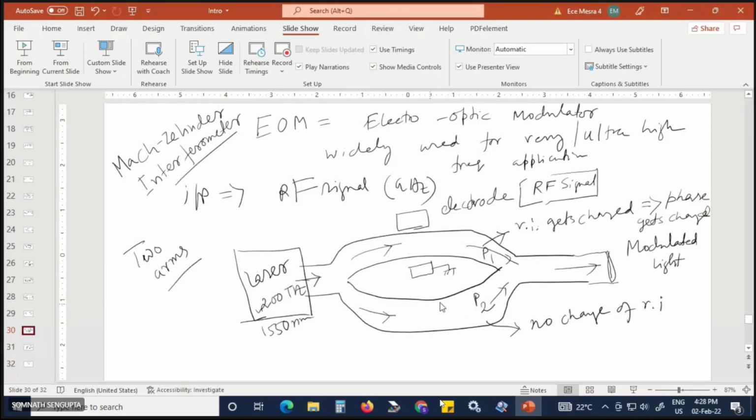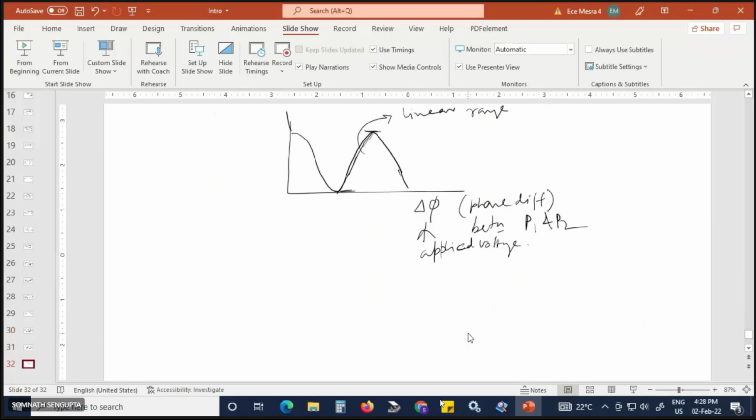This is actually an RF signal you are applying, but at the same time, if it is made from optical fiber, if you use simple optical fiber, then it can act as a fiber optic sensor.